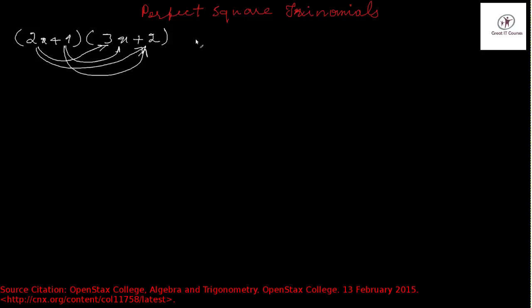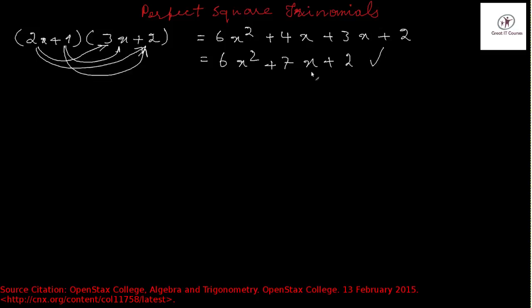And then you will end up with some terms like, for example, 2x into 3x is 6x squared, 2x into 2 is 4x, and this is plus 3x plus 2, and then this is 6x squared plus 7x plus 2, and then you have this result.